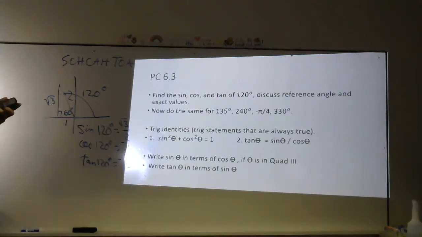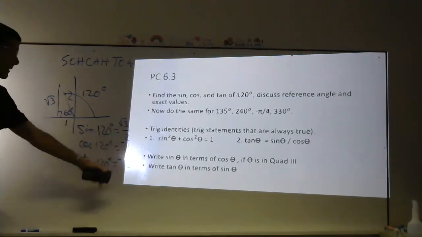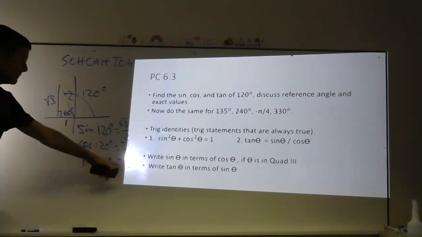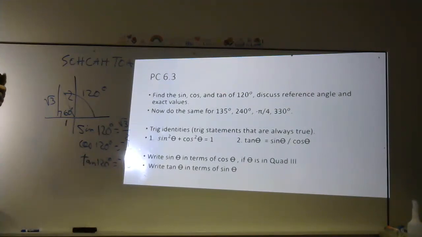Cosine of 120 is negative 0.5, and that's what we got. Tangent of 120 is negative root 3, negative 1.732, which is the decimal for the square root of 3.